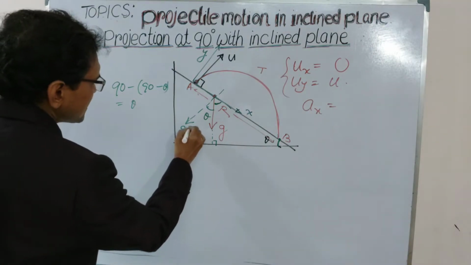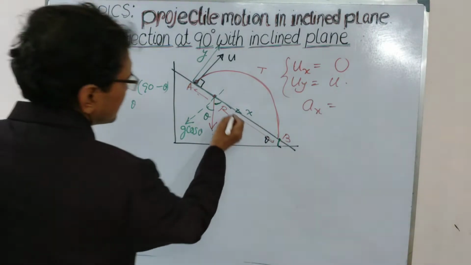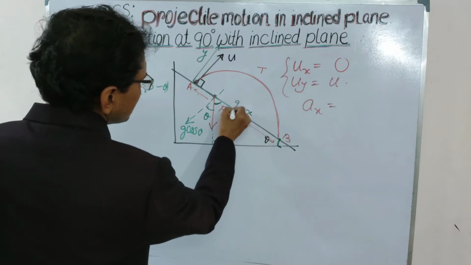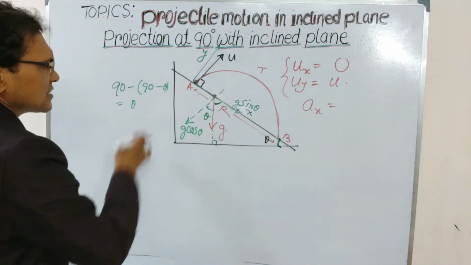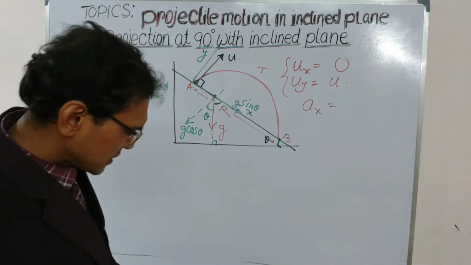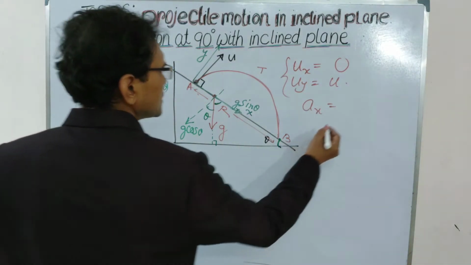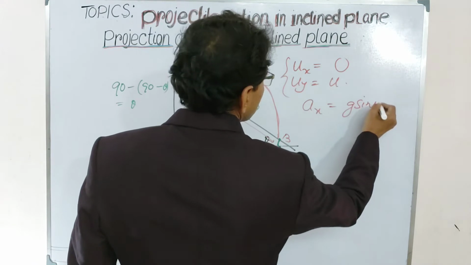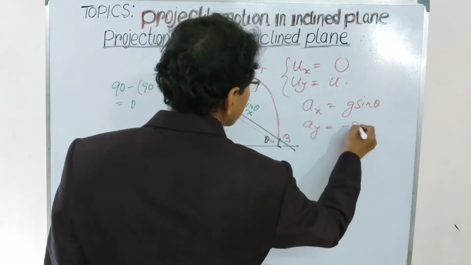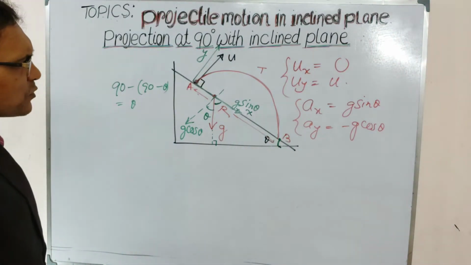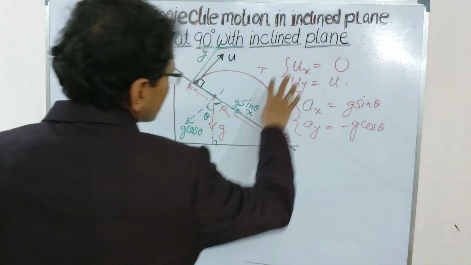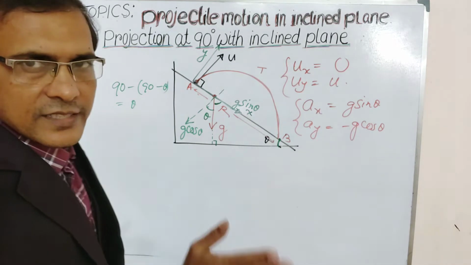The component of g along this is g cos theta, and this is g sin theta. So acceleration along the x axis is ax equal to g sin theta, and acceleration along the y axis is ay equal to minus g cos theta. Always we have to resolve the velocity and acceleration along the x and y directions.